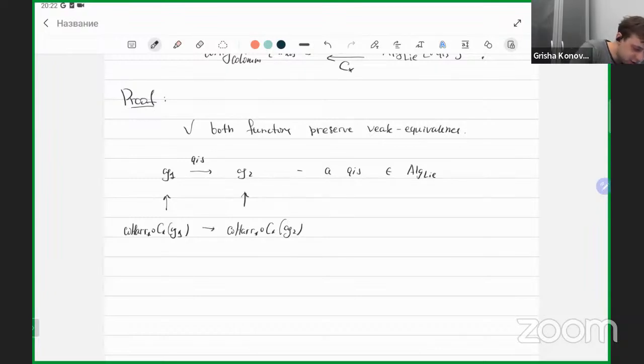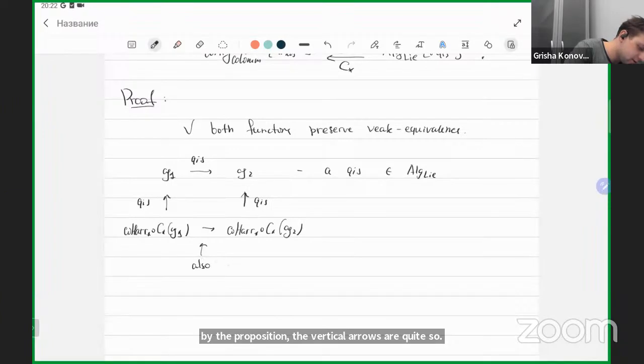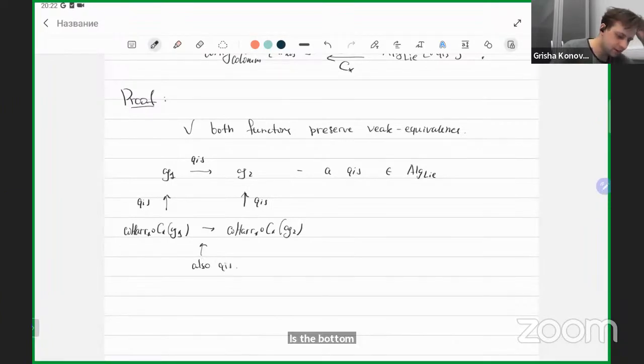By the proposition, the vertical arrows are quasi-isomorphisms, and so is the bottom horizontal arrow. Therefore, the right adjoint also preserves weak equivalences.